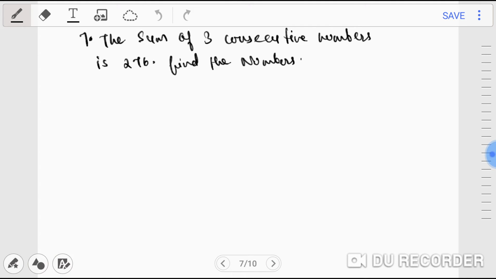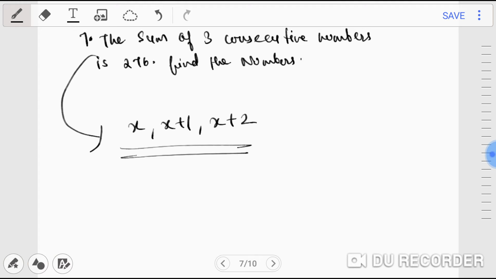Problem number 7 says the sum of 3 consecutive numbers is 276. What do 3 consecutive numbers mean? The numbers that come one after another are called consecutive numbers. So if I take my first number as x, your next number will be x plus 1 and the next number will be x plus 2. So the addition of all 3 is equal to 276.